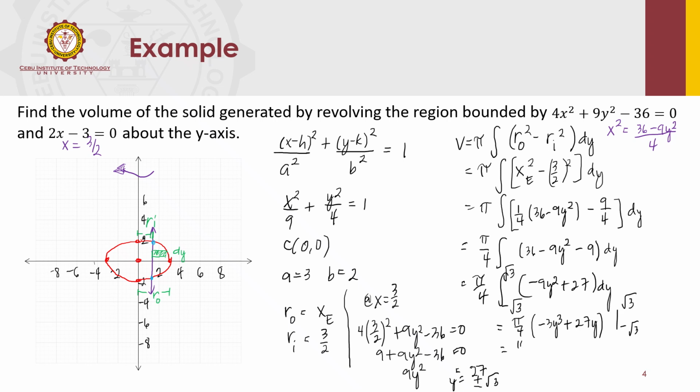That's pi over 4 times negative 3 times square root of 3 cubed plus 27 times square root of 3, and that's for the upper limit, minus negative 3 times negative square root of 3 cubed plus 27 times square root of 3.